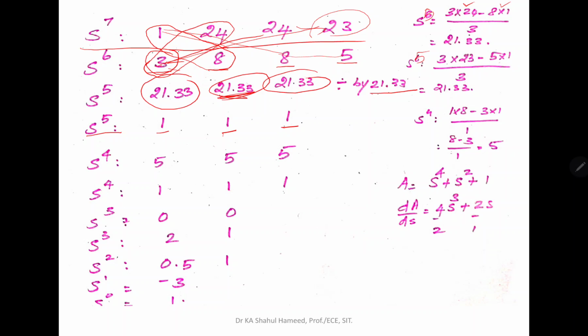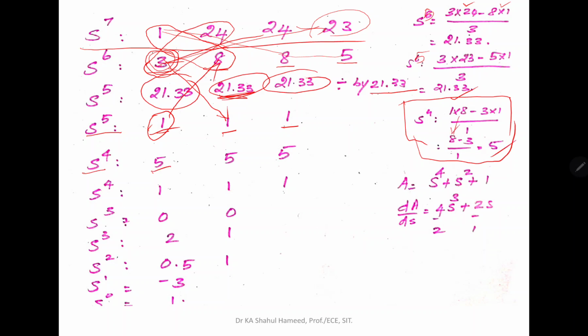Now we have to form the next row, that is S power 4. This can be determined by multiplying 1 into 8 minus 3 into 1 divided by 1, that is 8 minus 3 divided by 1 is 5.